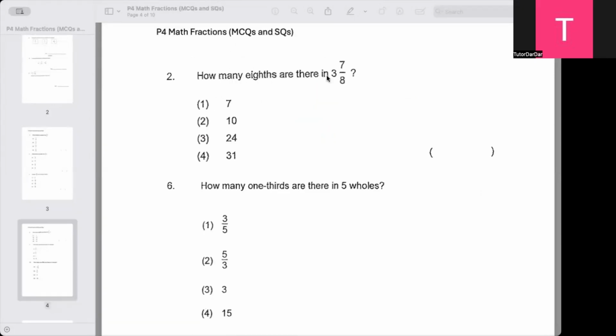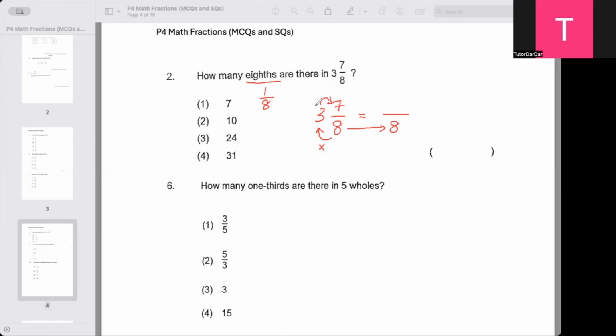How many 1/8s are there in 3, 7/8? So what do we do? We will convert this whole thing into an improper fraction. So same thing, write down 8 as the denominator. Now 8 times 3, 24.